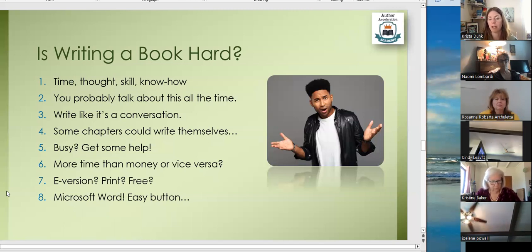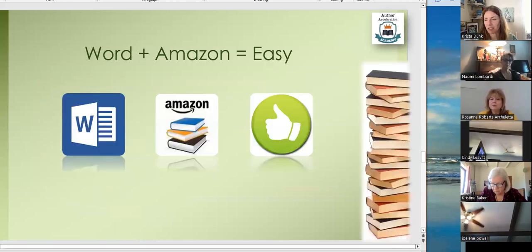And oh, by the way, if you have Microsoft Word on your computer, on your laptop, you have one of the greatest publishing tools that there is, strangely. Okay, so I want you to know that if you have Word, Word plus Amazon equals a fairly easy path for self-publishing, because you can create your print version, you can create your Kindle version just using Word.